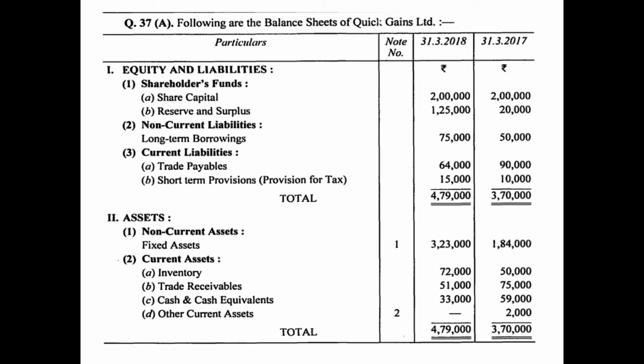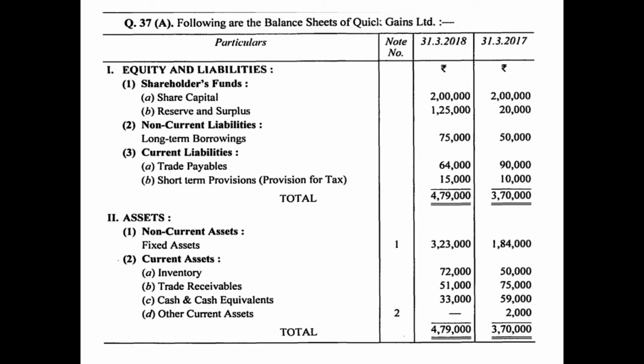Then reserve and surplus: last year it was 20,000, current year it is 1,25,000. Again, no note number is given, so we will assume that this reserve and surplus is basically showing the statement of P&L balance. Therefore we will get to know the profit or loss by deducting the previous year balance from the current year balance, that is 1,25,000 minus 20,000.